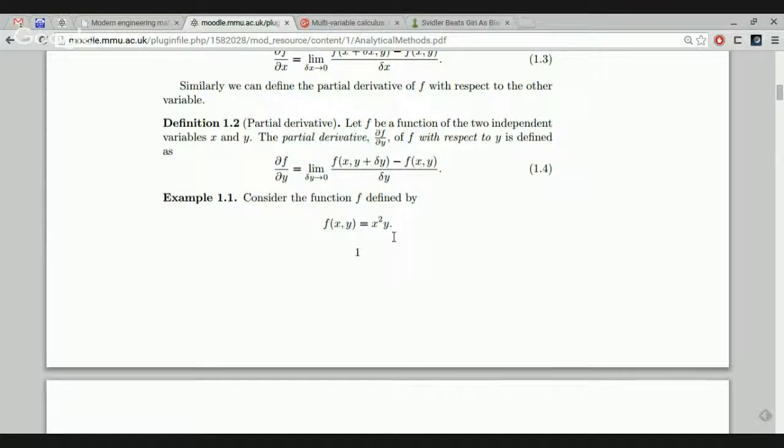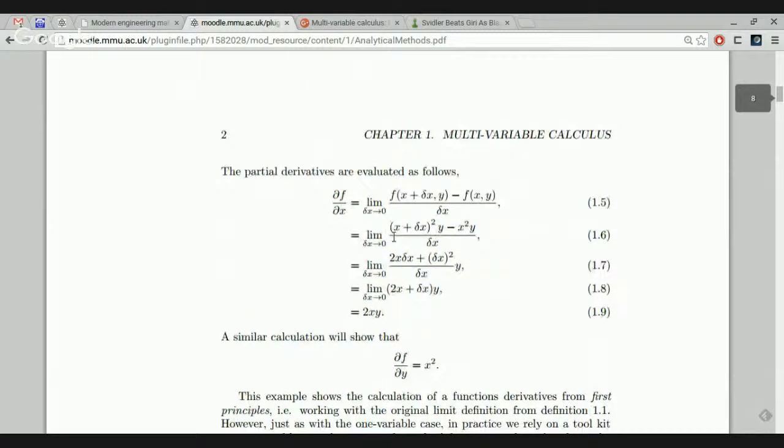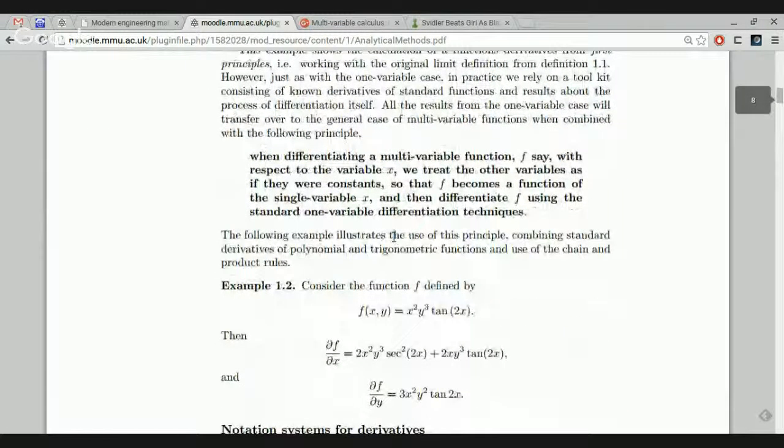So that constant is x squared in this case. So partial df dy then is x squared. So those were the answers we found using the original limit definition. But in practice now we can use this principle for doing this instead.